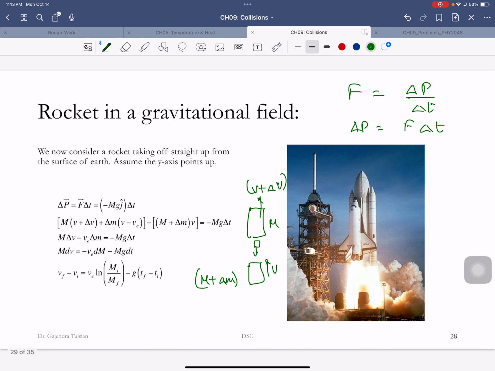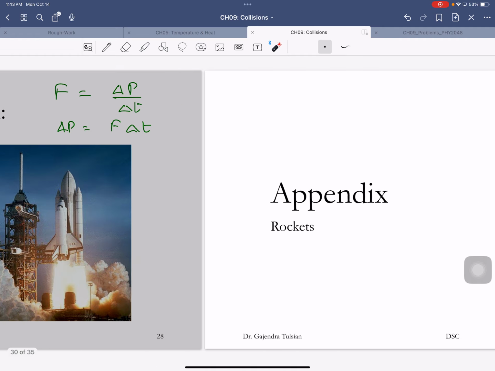This tells you if you want to go at that speed, how much fuel you'll need. So those are the rocket equations.